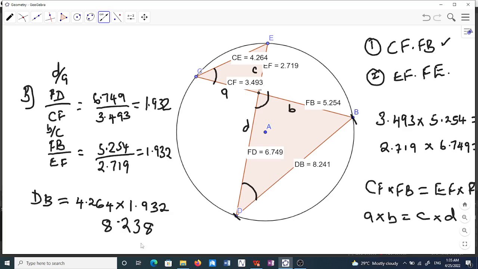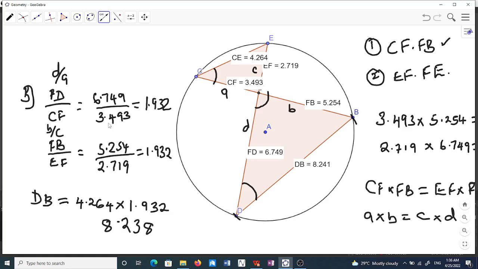You can see they are very close to one another, which means that this relationship of the sides also gives you a linear scale factor. So those are the areas that you need to check when you are doing questions on internally intersecting chords, which are very, very important.